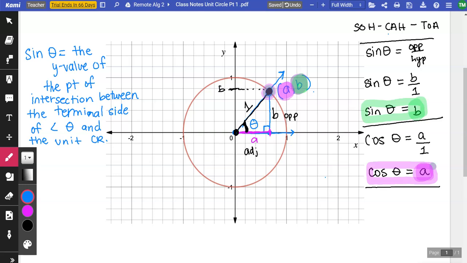So the sine of theta is actually equal to the y value of the point of intersection between the terminal side of the angle theta and the unit circle.